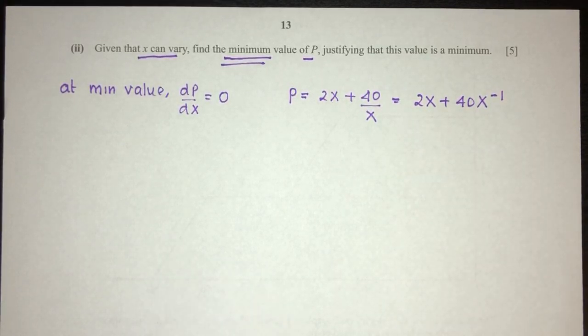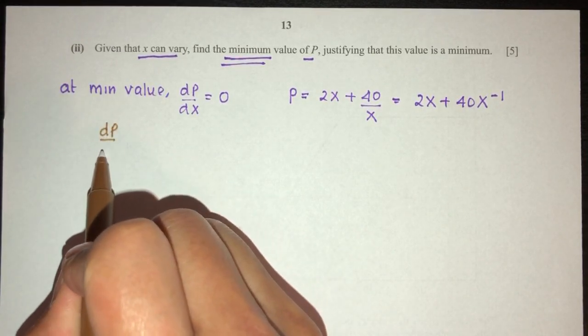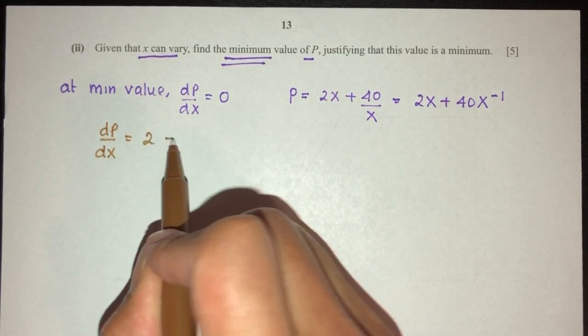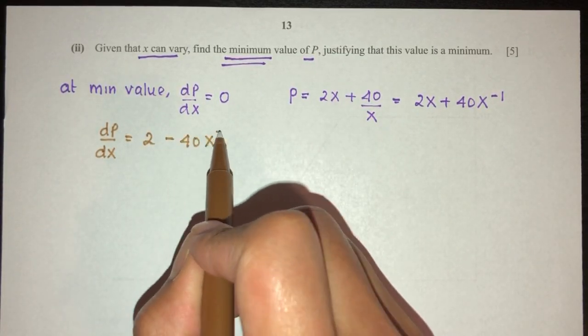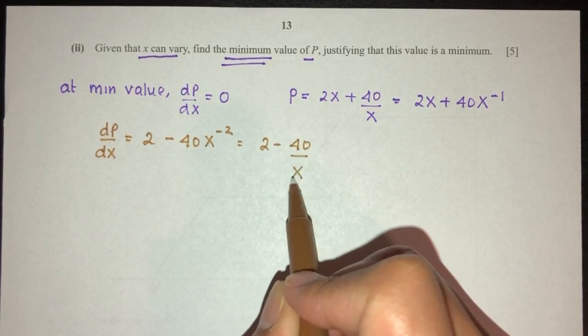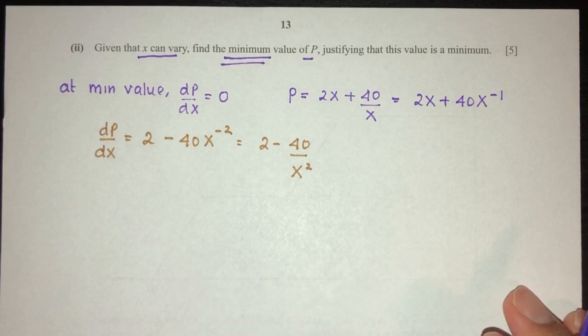So let's find dP by dx. dP by dx is equal to 2 minus 40 x power minus 2, which is 2 minus 40 over x squared. Now let's find the value.